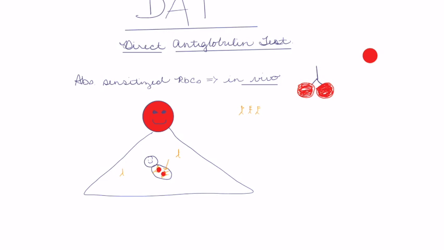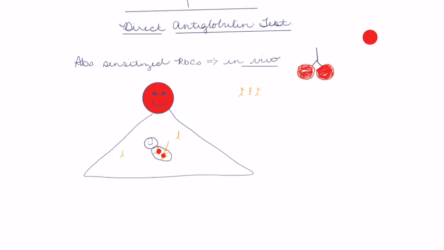So what we would do with the DAT at that instance, after the baby's born, we would collect blood, and it's typically from a cord blood. That's really easy to obtain after birth. So they send the cord blood down to be tested in the laboratory. I don't know about everyone else, but we frequently get them in pink top tubes, EDTA.